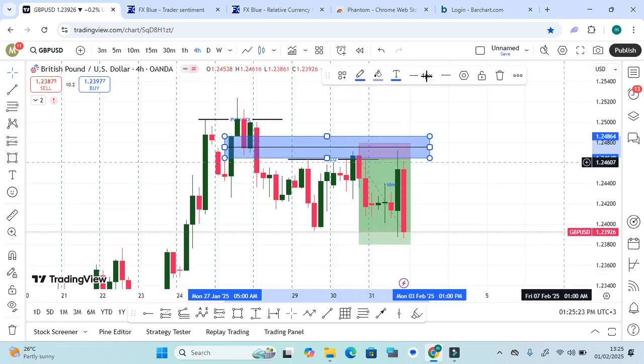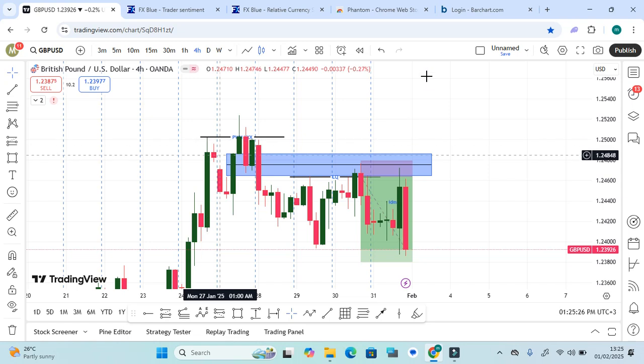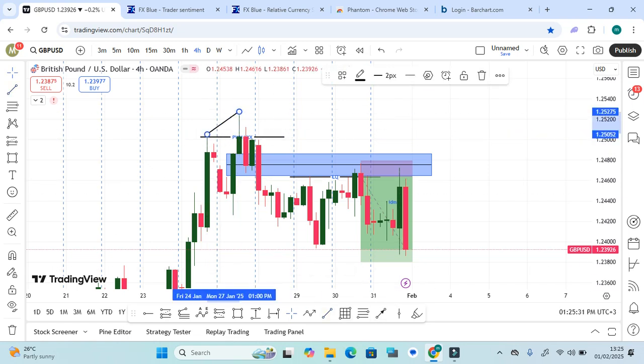So many people could see this and they enter at this fair value gap, whereby the big boys know we are in the right position of selling the market because we have a price imbalance, and that is an indication of a price that's supposed to be taken, or market has to be pulled back to it.